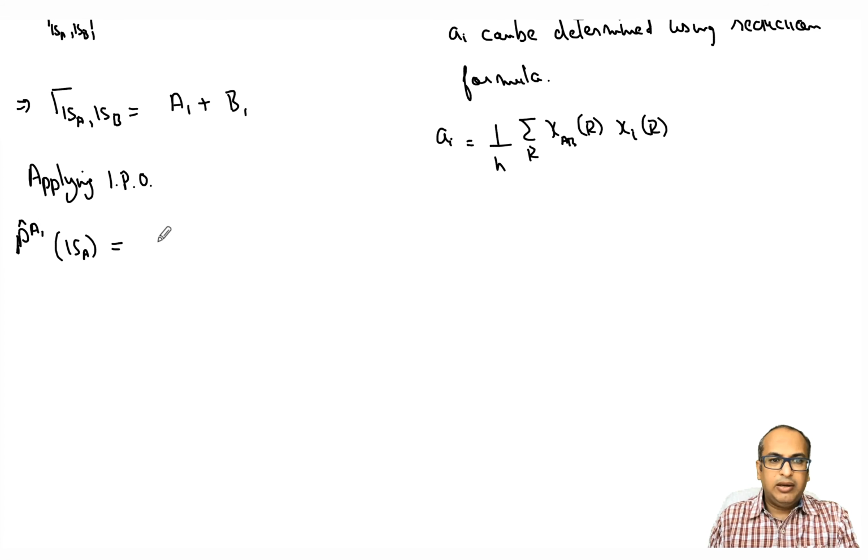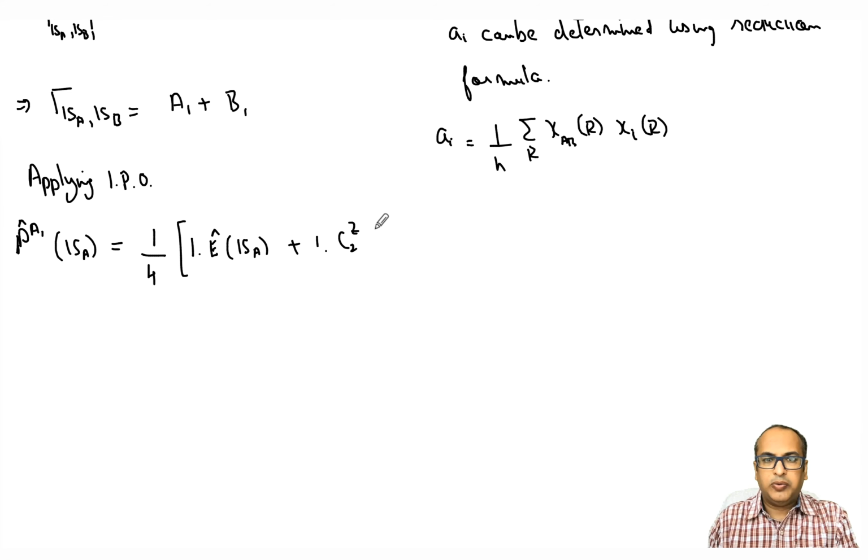What do we get? So l is 1, h is 4, and the corresponding matrix element for A1 for all of them will be 1. Now E operator onto 1SA plus 1 into, this is the trace, C2Z operator onto 1SA plus sigma YZ operator onto 1SA.